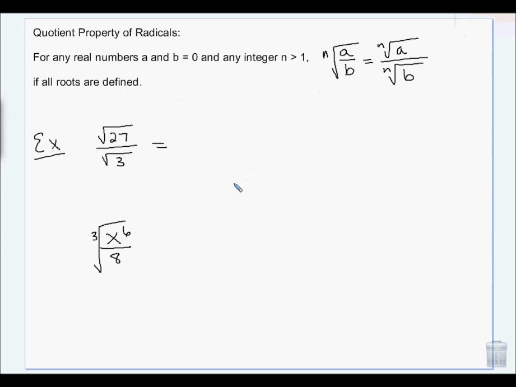Well, we had multiplication, so now we have division. If I have a situation like this where I have the square root of 27 divided by the square root of 3, that's the same thing as the square root of 27 divided by 3, which is the same thing as the square root of 9, which is 3.